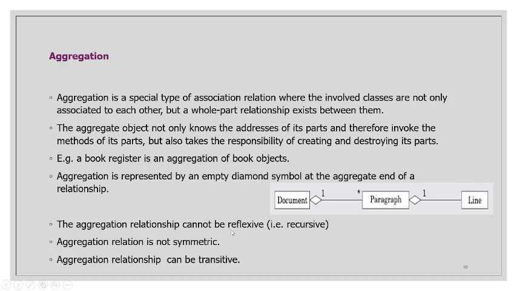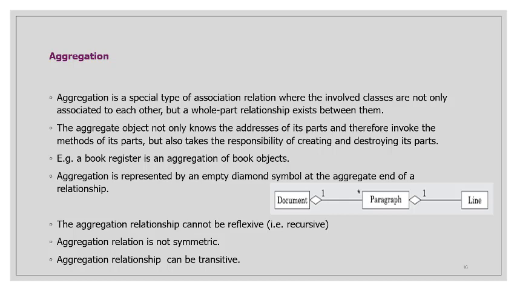The aggregation relationship cannot be reflexive or recursive. That is, an object cannot contain objects of the same class as itself. Also, the aggregation relation is not symmetric. That is, if there are two classes A and B, they cannot contain instances of each other.